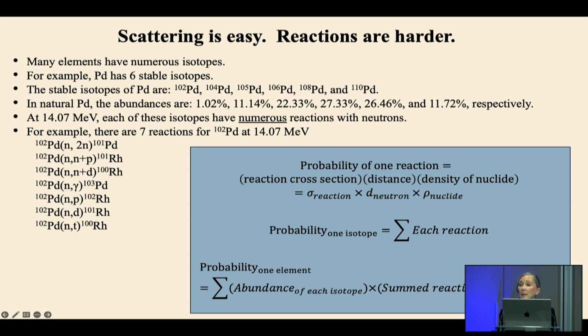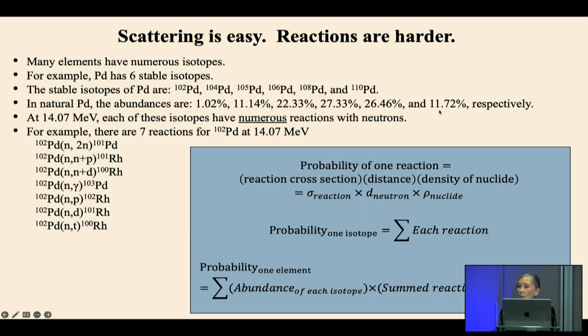Now scattering is easy. Reactions are much harder. Many elements have numerous isotopes. For example, palladium has 6 isotopes, as shown right here, that are stable. And they occur in these natural abundances right here, respectively.